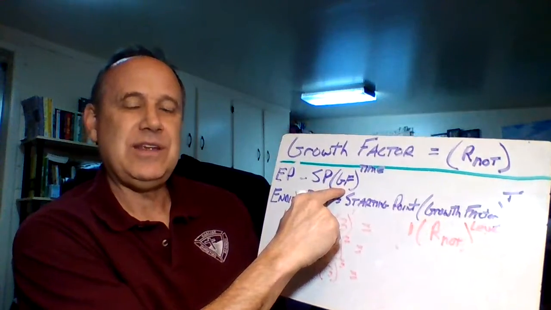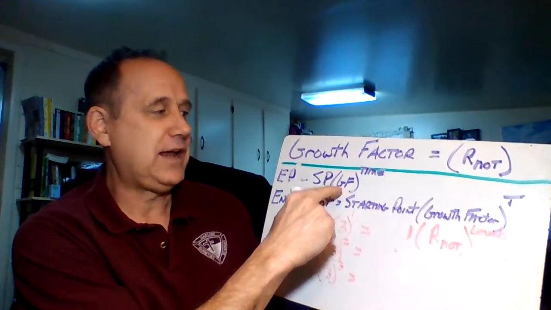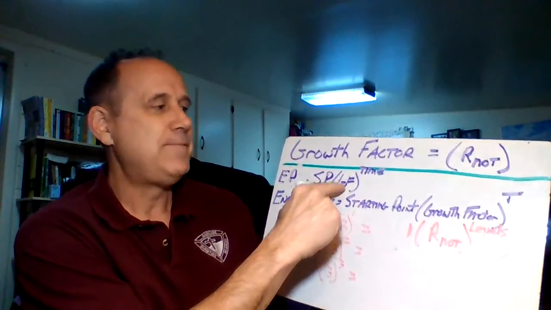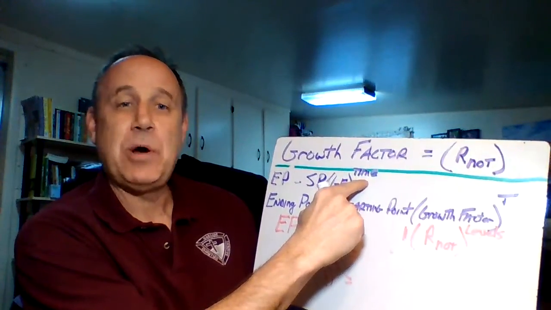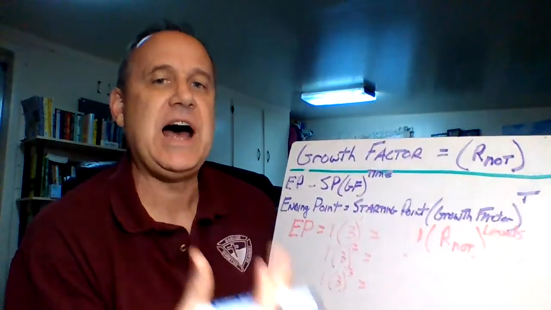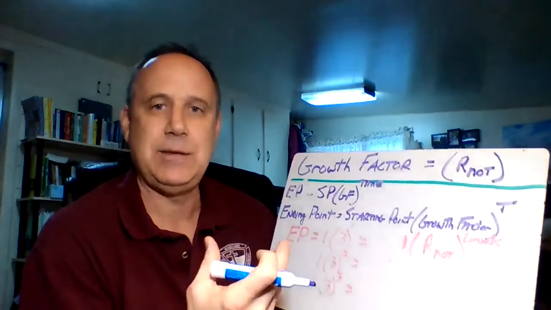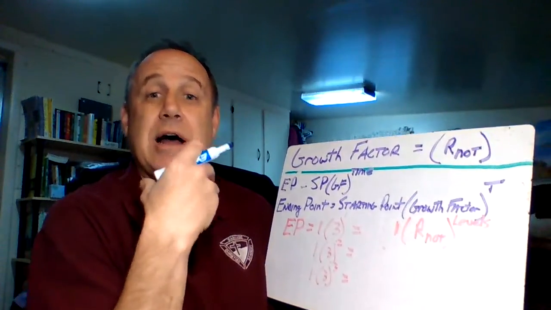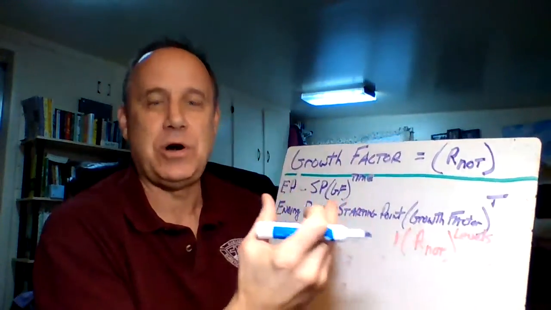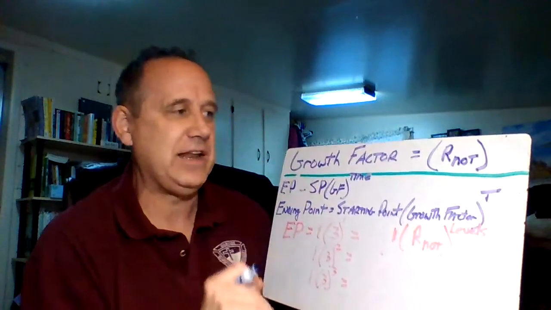Inside the parentheses is my growth factor, and then my exponent is going to be my amount of time, or the number of times that I'm going to raise it to that power. So how many levels it is.